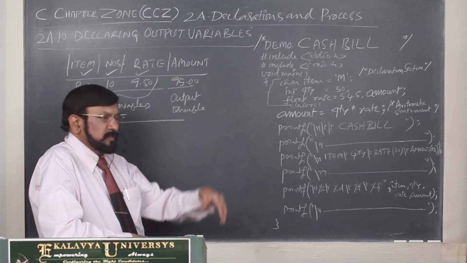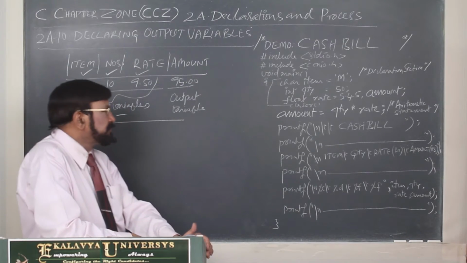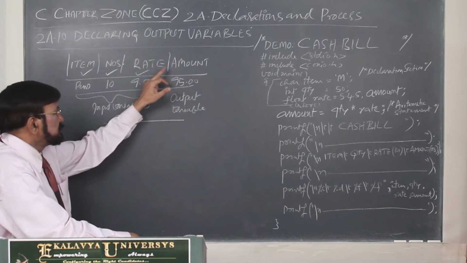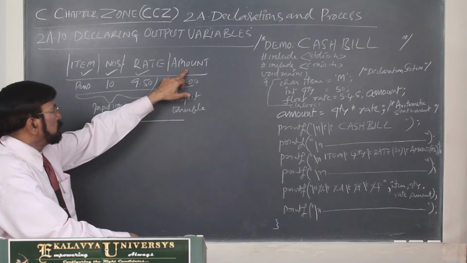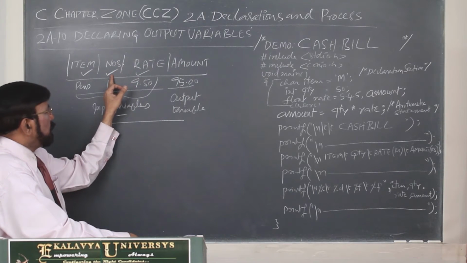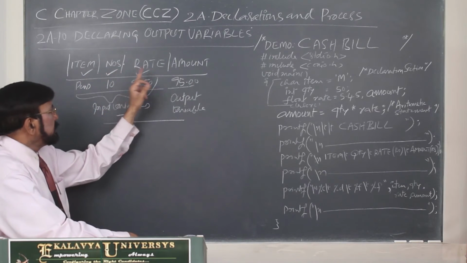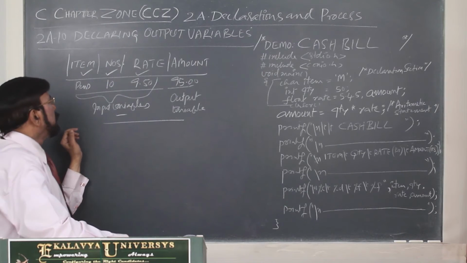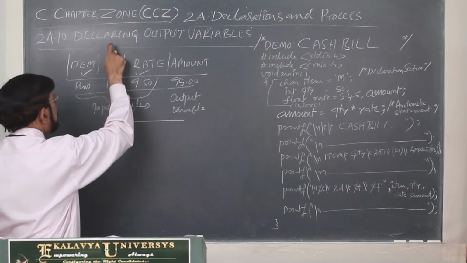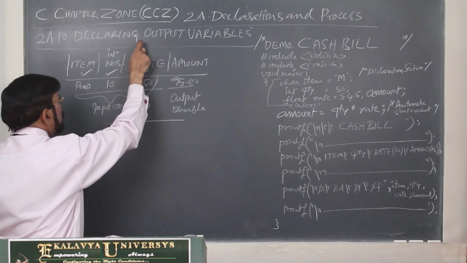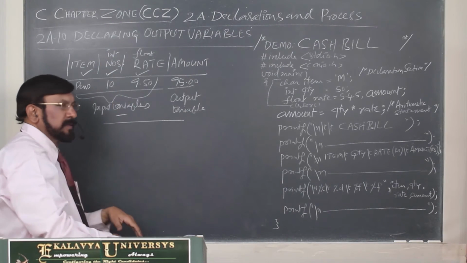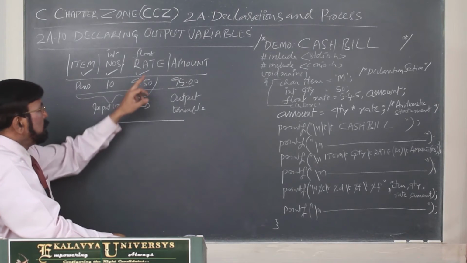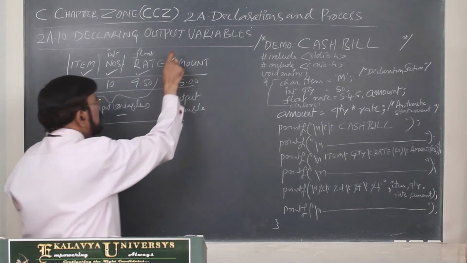How can you arrive at amount? With reference to this case, you tell me how you arrive at this amount. Numbers or quantity into rate. So what is the type of quantity or numbers? Int. What is the data type of rate? Float. So the type of amount is also float.